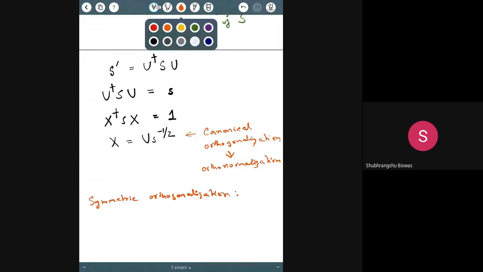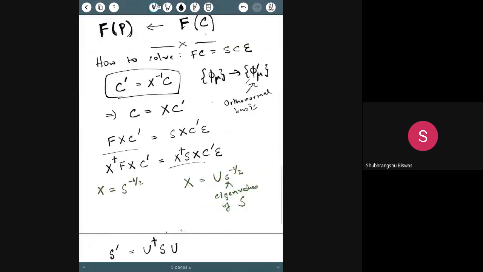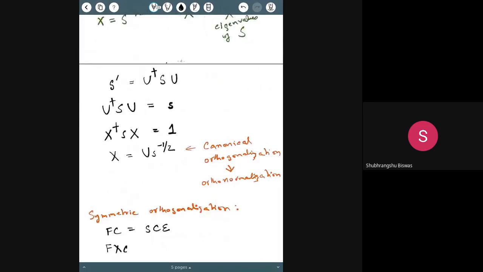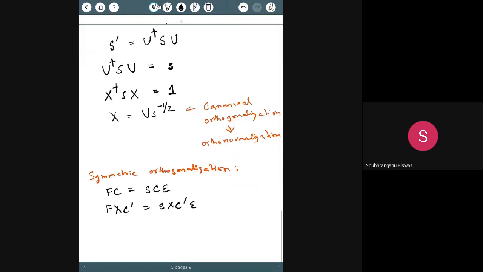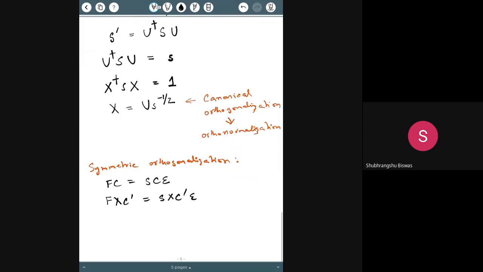You have FC equal to SCE, and C is X C prime, so F X C prime equal to S X C prime epsilon, and X dagger F X C prime.